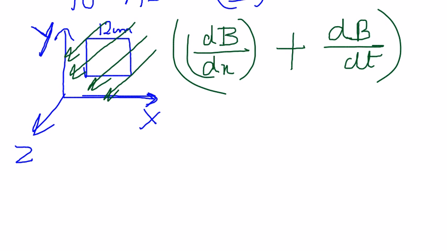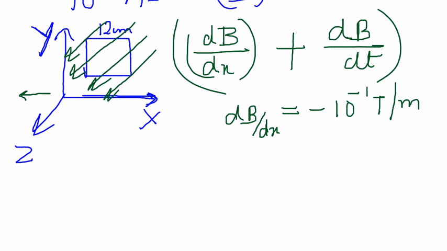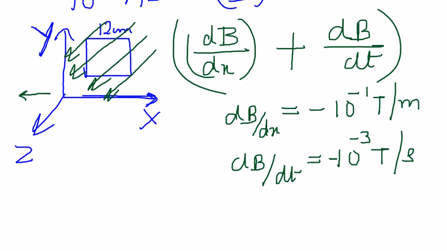Since this magnetic field increases in the negative x direction, in the positive x direction dB dx will decrease. So it's given by minus 10 to the power minus 1 Tesla per meter. dB dt is also decreasing with time at the rate of 10 to the power minus 3 Tesla per second.